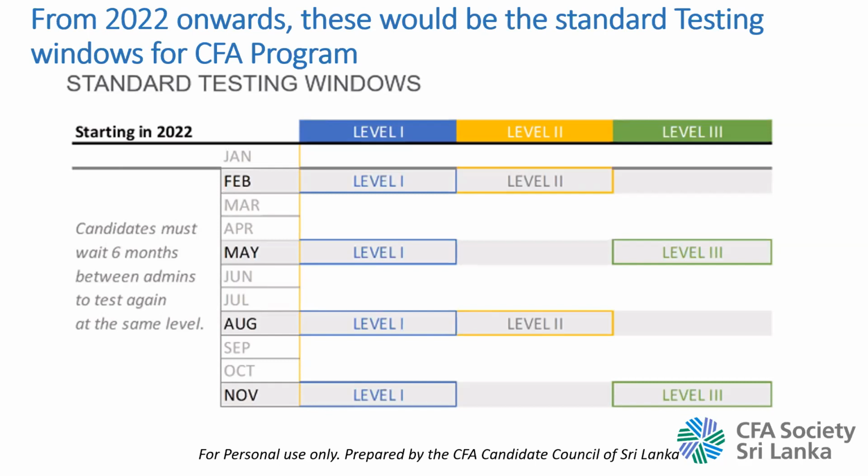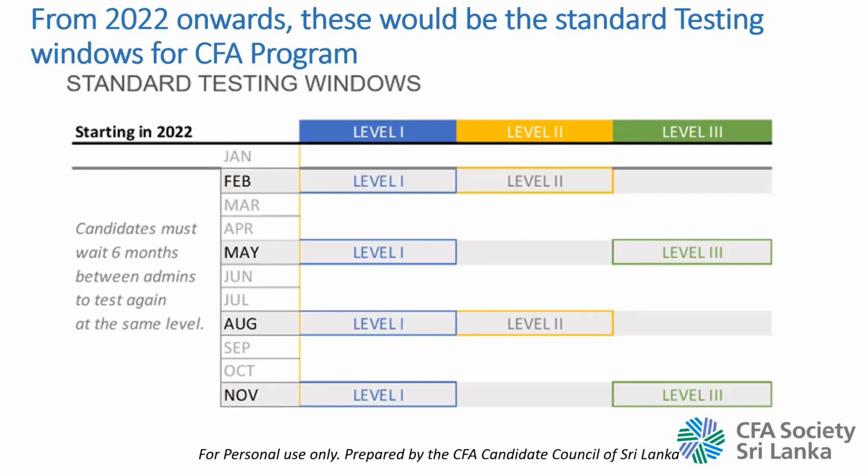So for example, if someone took the level 1 exam in May 2022, you can't register for the level 2 exam in August, because there's not enough time. 6 months have not passed there. So you need to wait till February of the following year to do that level 2.